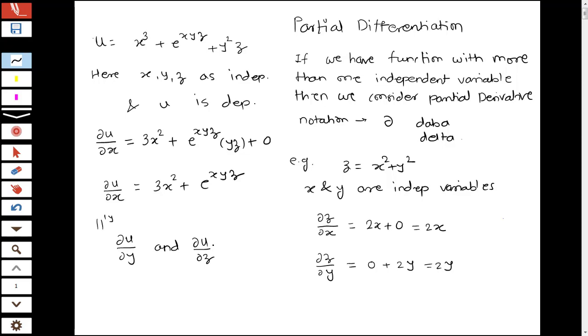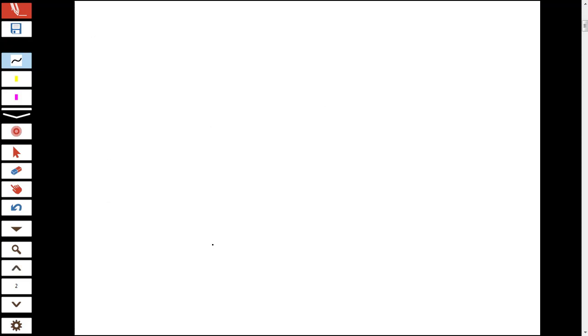Now in this topic, for multiple choice questions particularly, we will have examples on direct differentiation, direct derivative, where we have more than one independent variable. Second, we may have some examples where a variable is to be treated as constant.